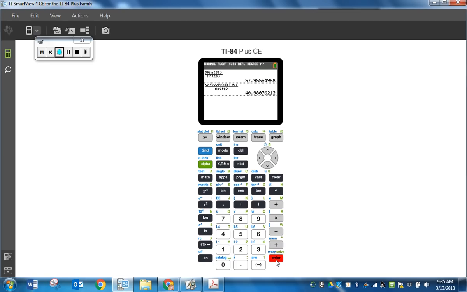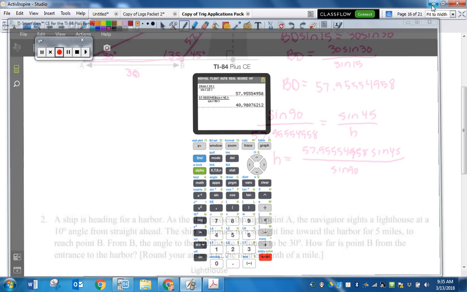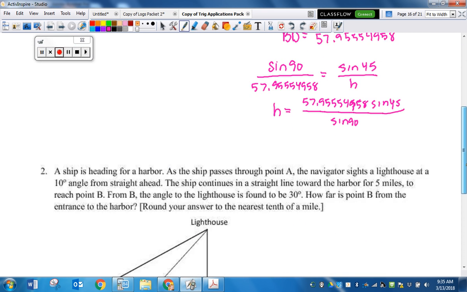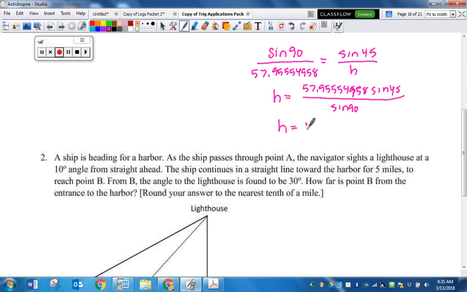Enter. And I get 40.9807. And this is the value I'm looking for, h, and they told me to round to what? To the nearest foot. So ultimately h equals 41 feet. So you can use law of sines on any triangle, so that's nice. Another possibility for this.